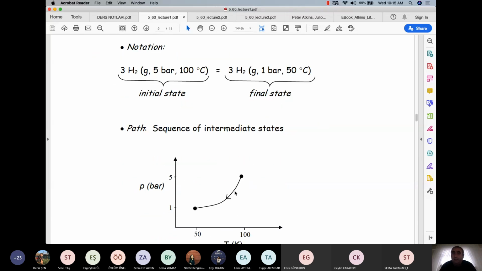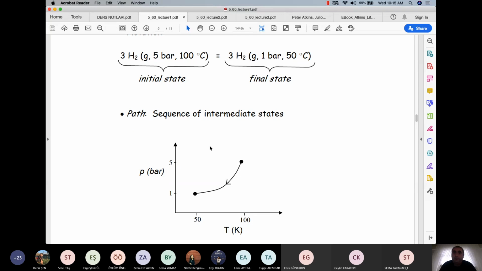But there are some variables that are actually important in connecting the path, or in how you evolve the system from one point to another. These variables are called path variables, or path functions.